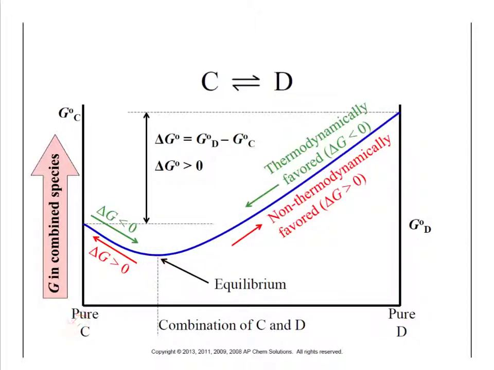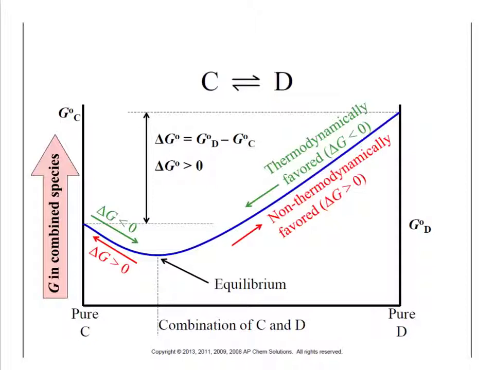Whereas if you start with pure C, so pure reactants, it's not going to go very far before it reaches equilibrium. So even though this reaction is not thermodynamically favored, because it's got a positive number, it still will proceed up to a point until it reaches equilibrium. It's just not going to be very far that it goes, because it will be thermodynamically favored to reach that point right there, but it will go no farther.